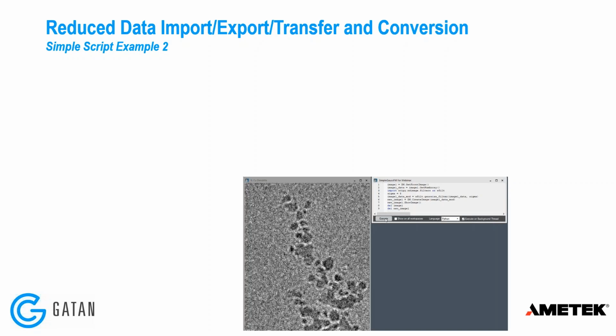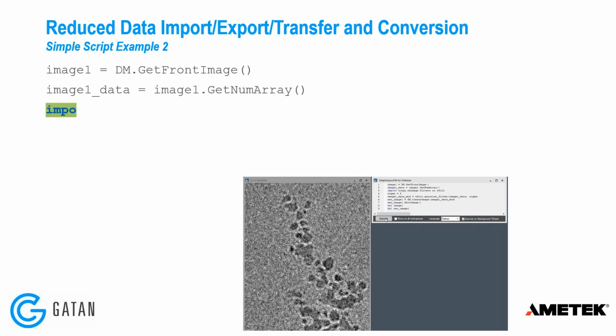So now my next example is going to be very similar. I'm going to start and end the script in exactly the same way, but with a slightly more advanced processing. So again, I'm going to get the front image and then get a NumPy array from that image. But now this time I'm going to use SciPy, a package that I've downloaded and installed using pip.